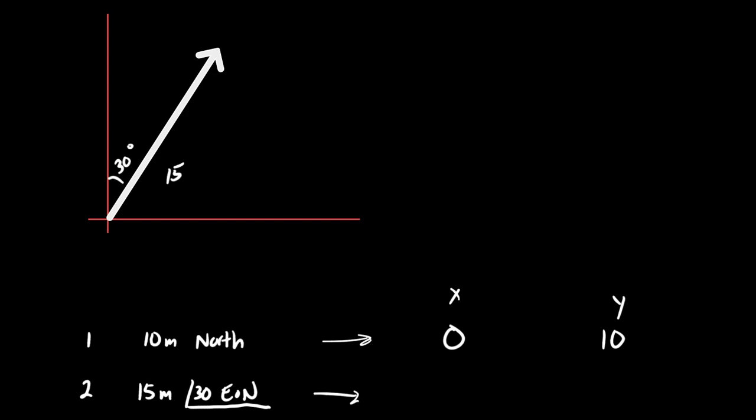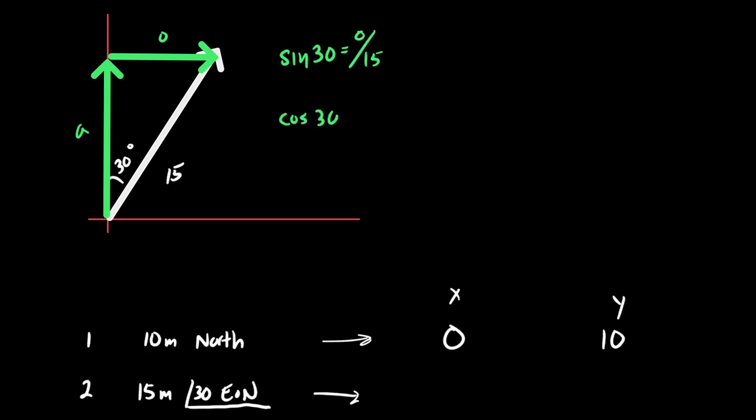I'm going to convert to my component vectors by drawing in a triangle. And I'm wrapping that triangle around the given angle so that I can identify the angle of focus and label the opposite and adjacent side. And after this one, I won't do this again. But I will say sine of 30 equals opposite over hypotenuse.